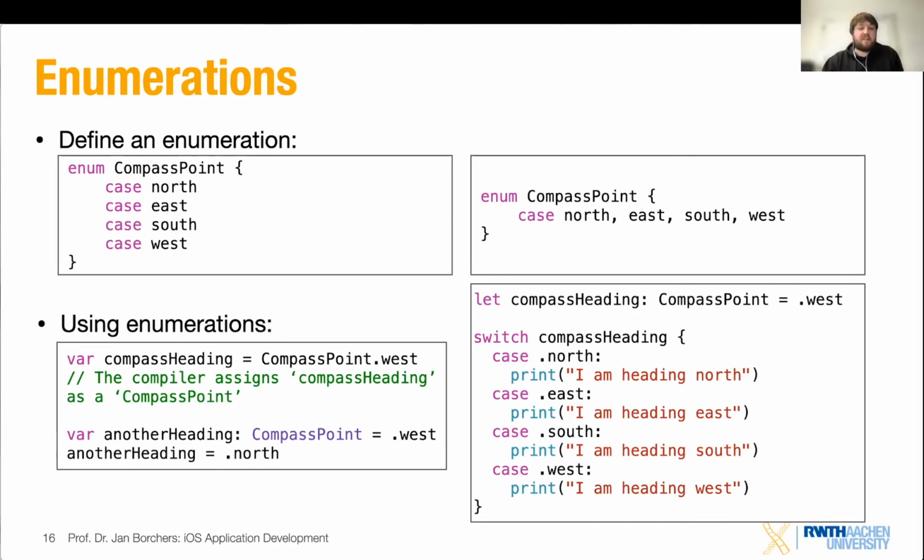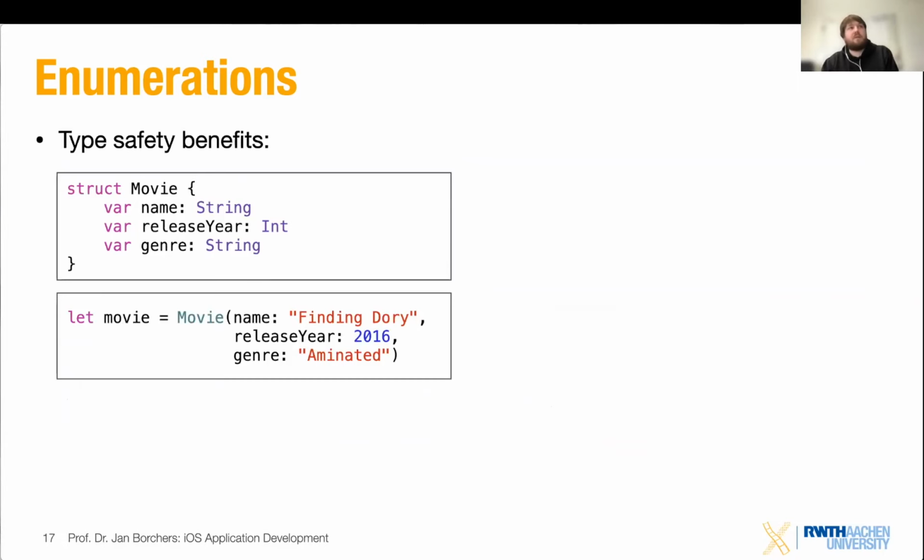But again, there are also advantages for type safety. So think of this example where we have our struct Movie. A movie has a name, a release year, and a genre. While for name or release year, number and string are suitable, and genre as a string can work.